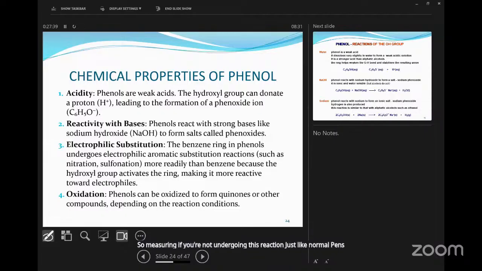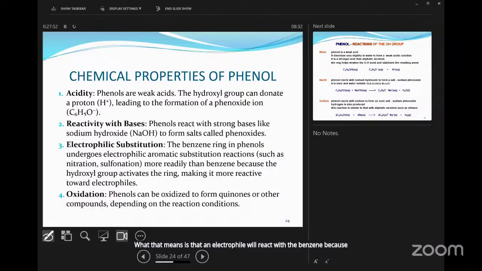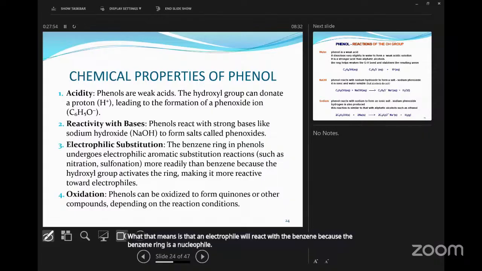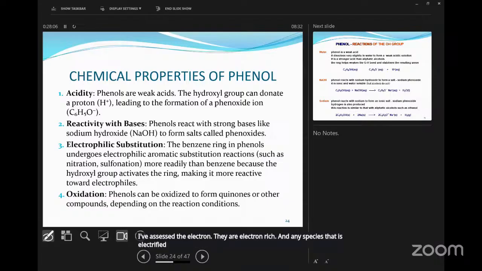Normal benzene generally undergoes aromatic electrophilic substitution, which means an electrophile will react with the benzene ring because the benzene ring is a nucleophile. It has excess electrons. Nucleophiles, like we have been taught before, are species that have excess electrons and are electron rich. Electrophiles are electron poor, electron deficient, and positive.